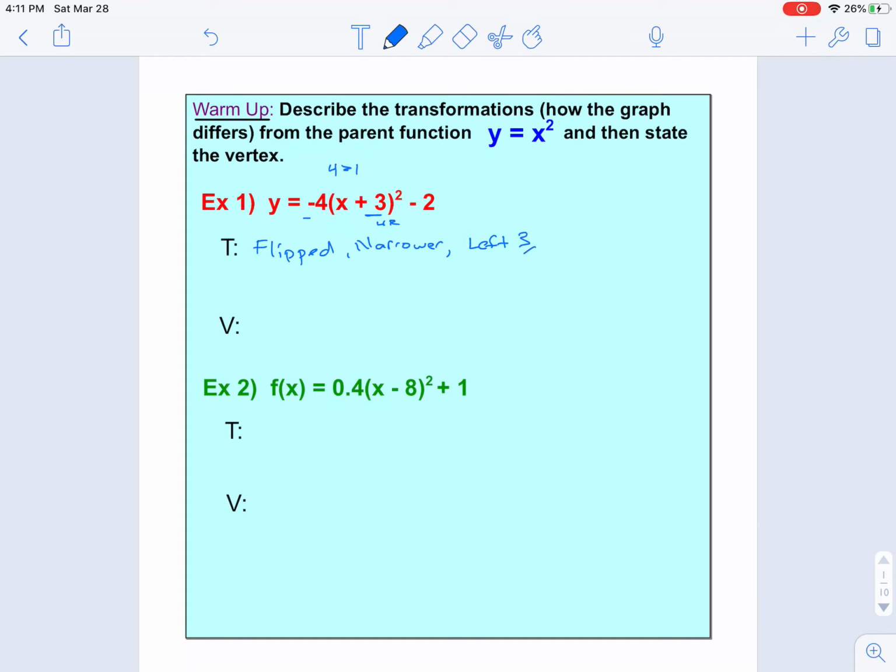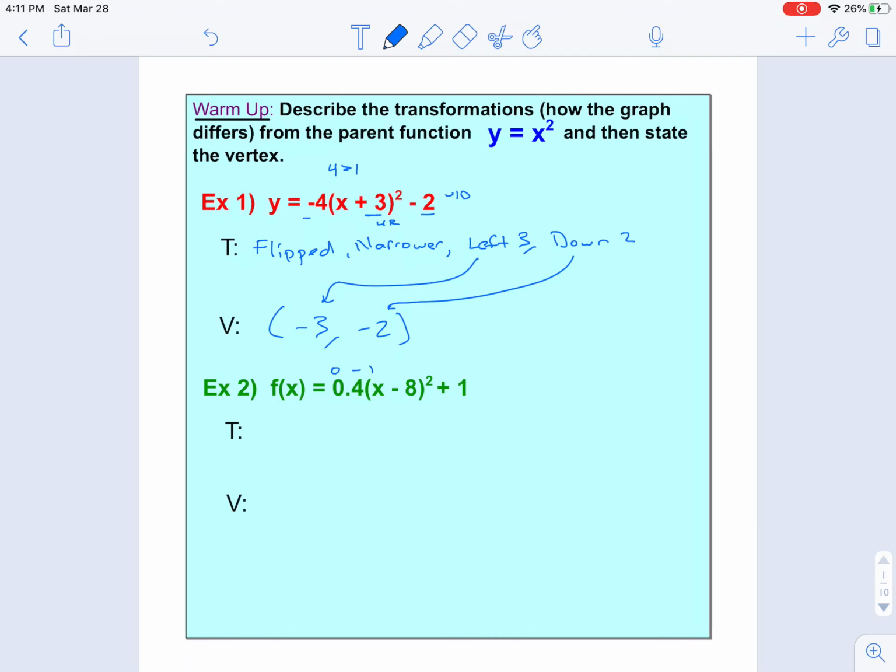Plus 3 means that this thing went left 3, because remember, inside the parentheses, it acts the opposite as you would think. Outside the parentheses, that's our up-down number, and the sign looks exactly like you would think. -2 means down 2. So what is our vertex? Well, left 3, our x value went -3, down 2, our y value, -2.